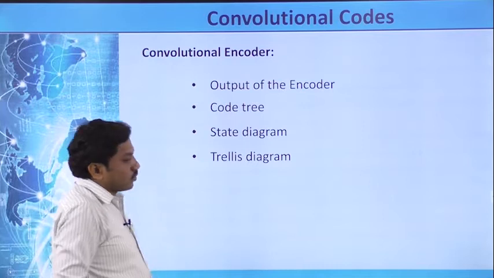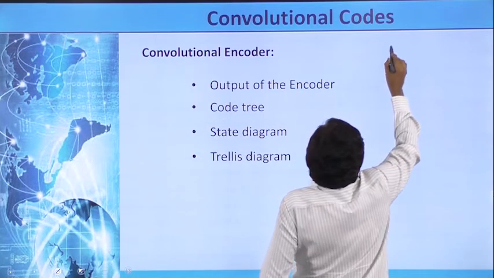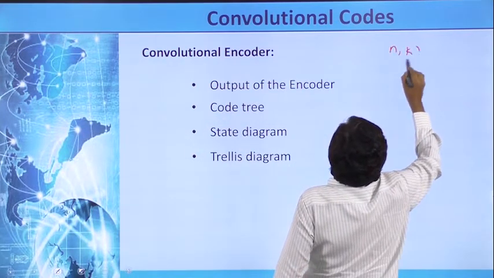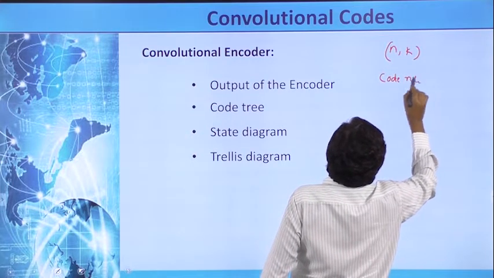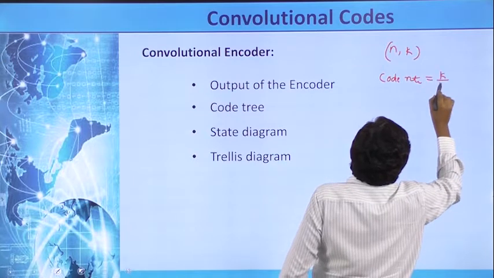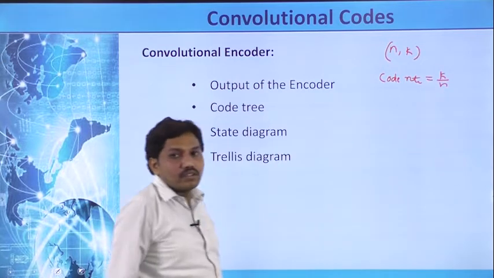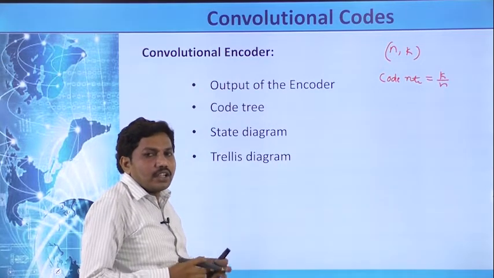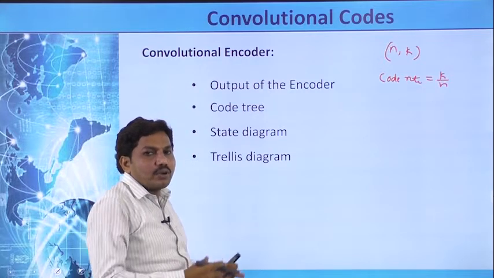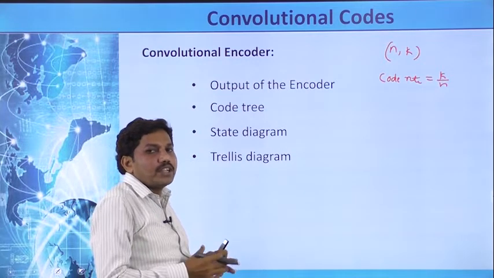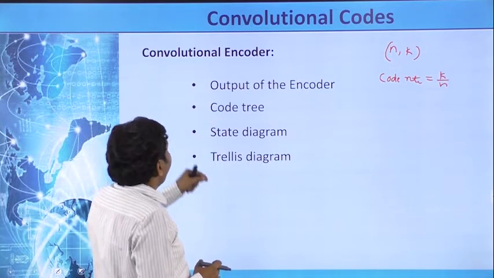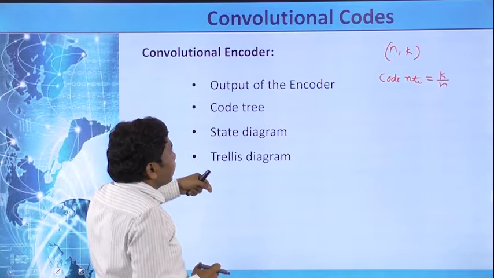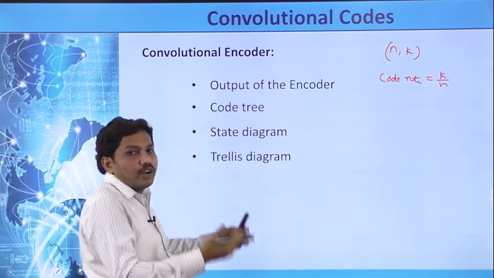So here also n comma k, and here the code rate, or code efficiency, is nothing but k by n, right? So always remember, in case of convolutional code, at a time only one bit is entered into the shift registers, right?